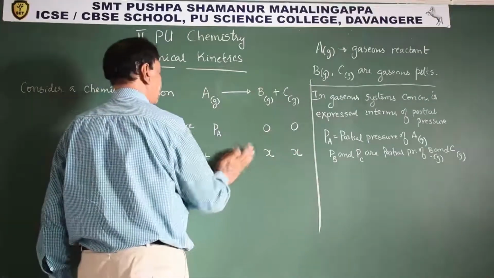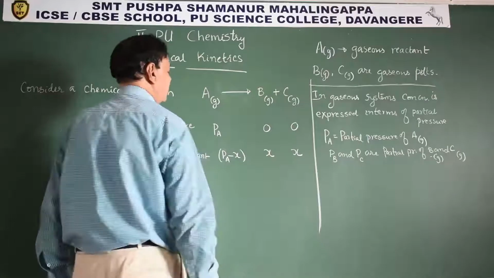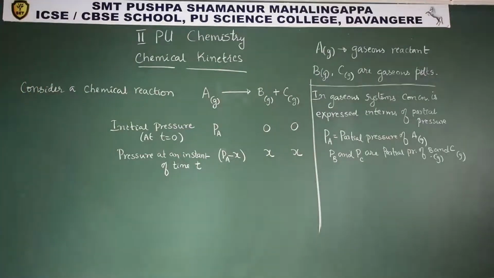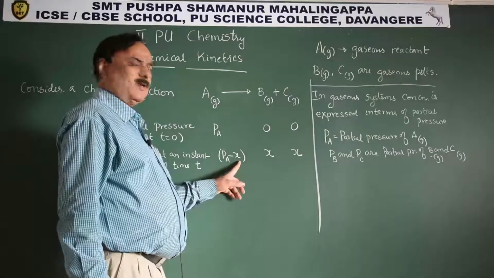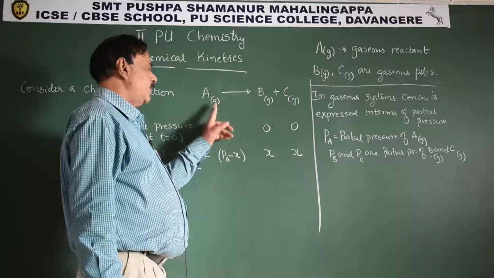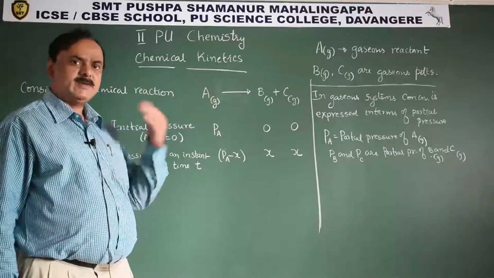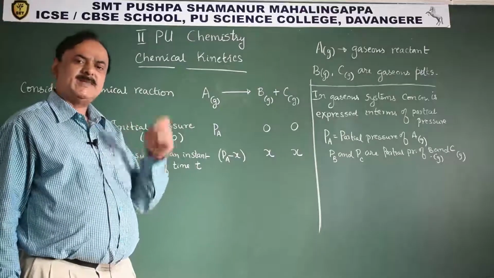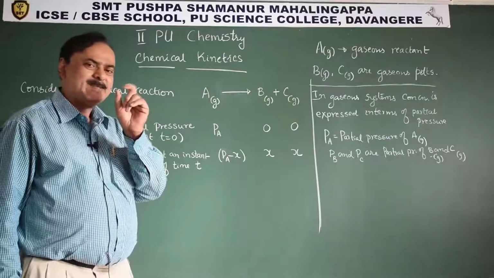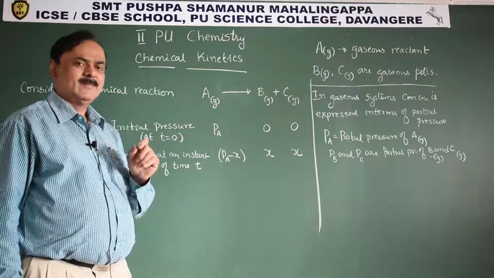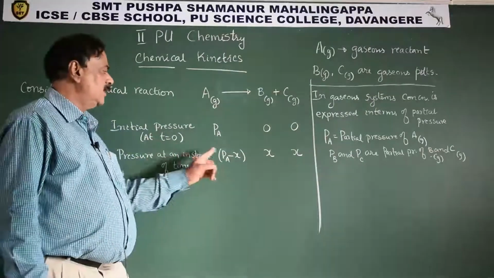This PT is given by PA minus x, because x is nothing but the reduced pressure. Now what is reduced pressure? A part of the reacting molecules of A(g) react to give the product. Therefore the pressure of the system gradually decreases. That small decrease in pressure is considered as x. That is, x is a small decrease in PA.